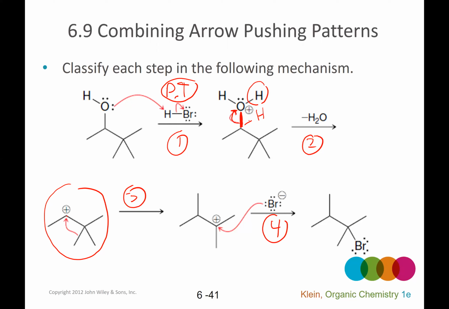Don't forget the missing hydrogens. So this carbon is now positive. It's a carbocation. And so what has happened here? We've lost water. This is loss of a leaving group. The bond to a leaving group is broken.